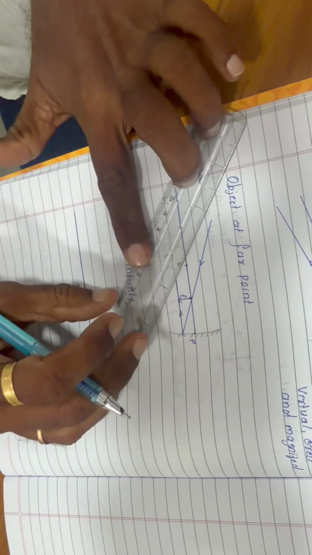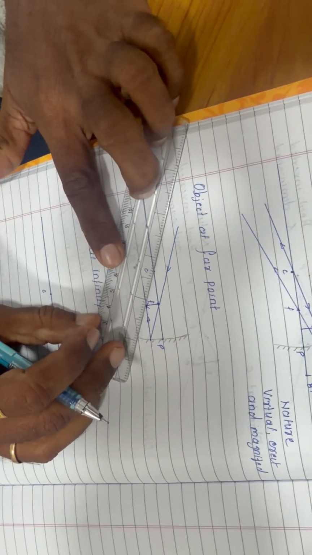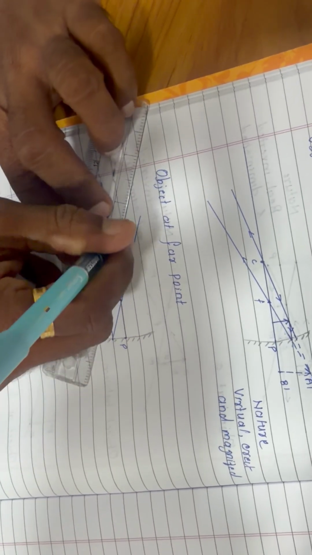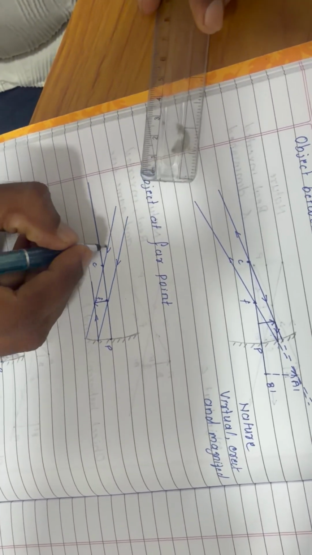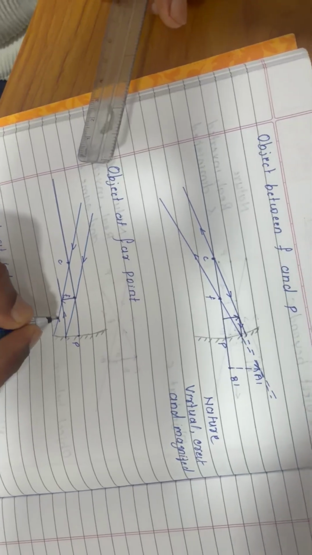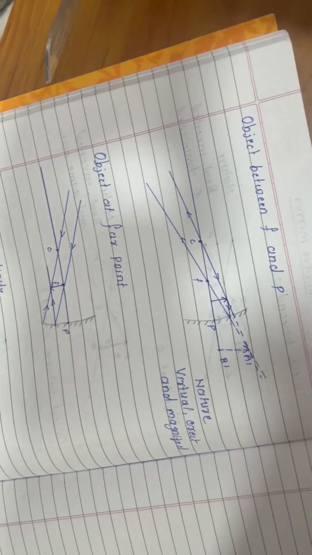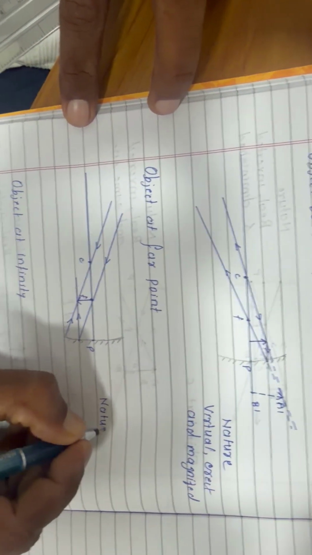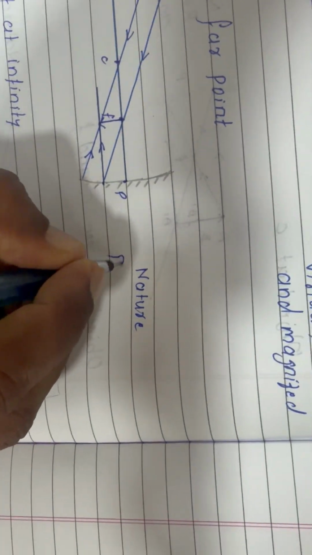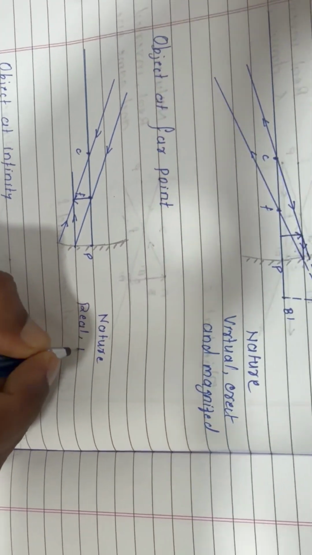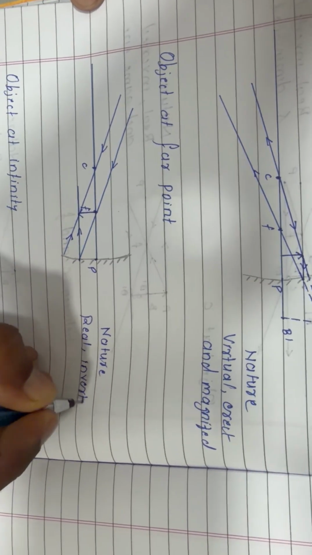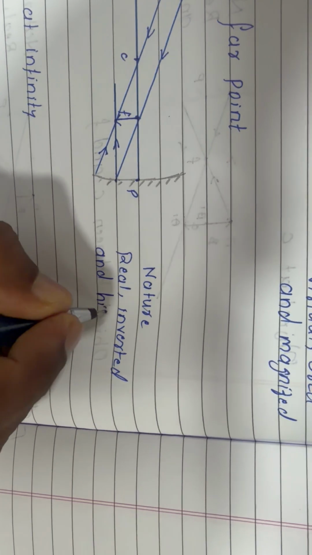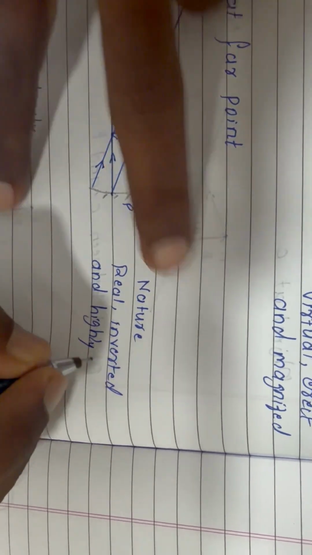The second ray will pass through C. The ray which is passing through C follows its own path; it will go and come following the same path. So here the nature will be real, inverted and highly diminished.